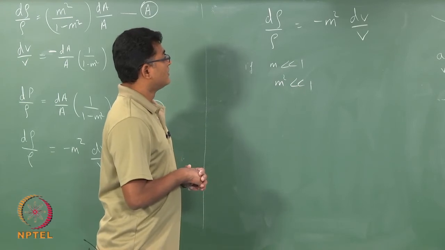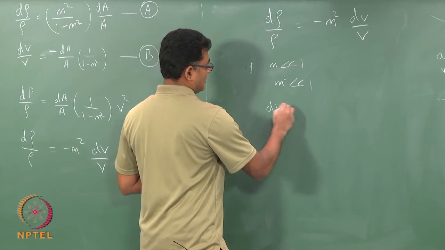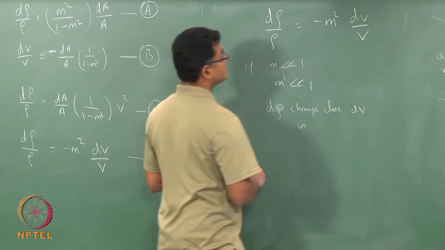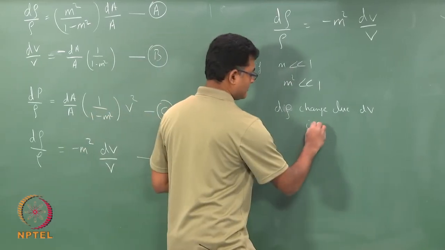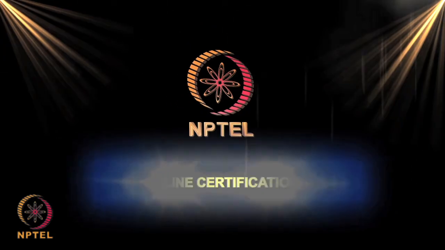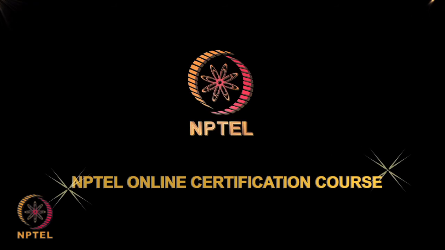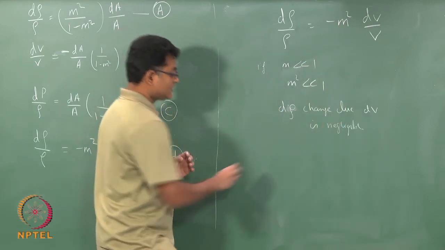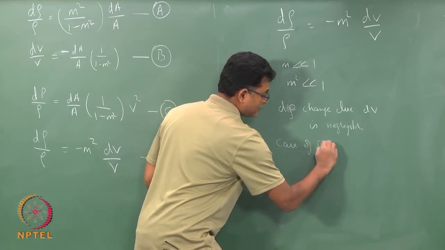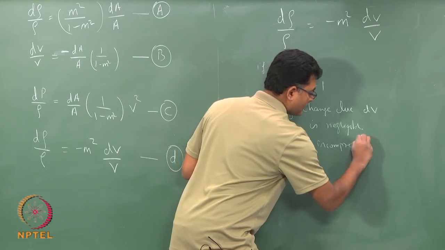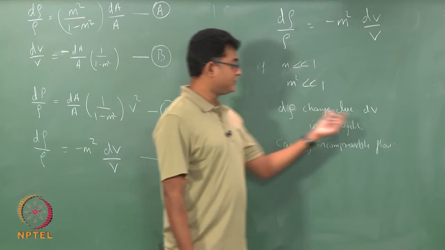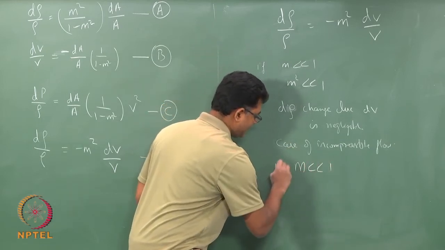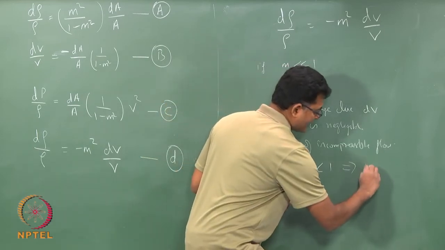So, the change in d rho due to dV is nearly small, very very small if the Mach number is very small. This is the case of incompressible flow, where we assume the density changes due to velocity change are very small. So, we can infer that if m is much less than 1, this will approximate to incompressible flow.